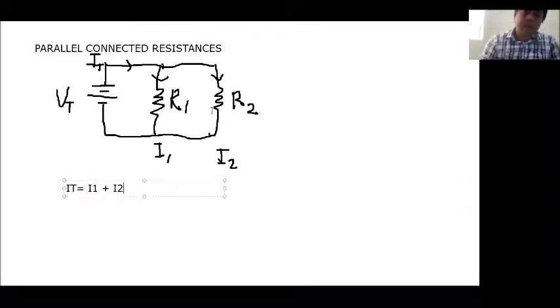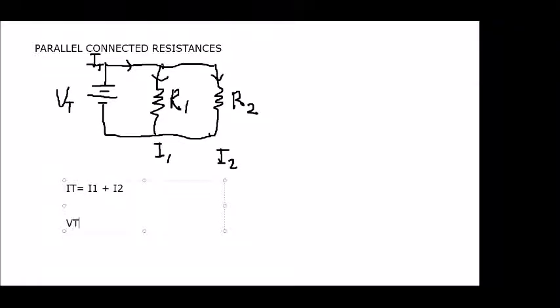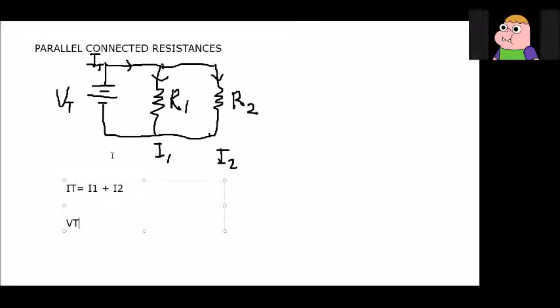Now, what they discovered is that as the current I1 passes through R1, there's going to be a voltage that will now occur across R1. We call it a voltage drop. Now, this voltage, we can consider in terms of our total voltage. So the total voltage is the one on the battery.